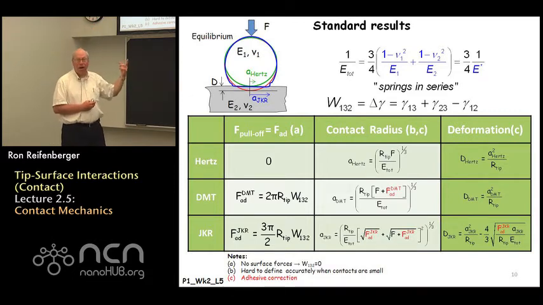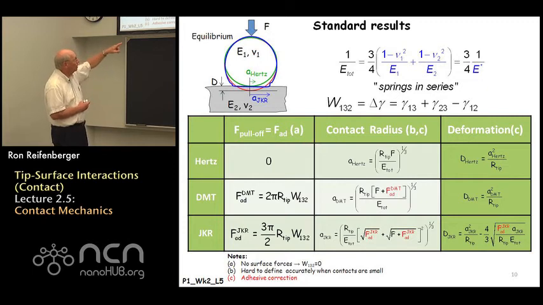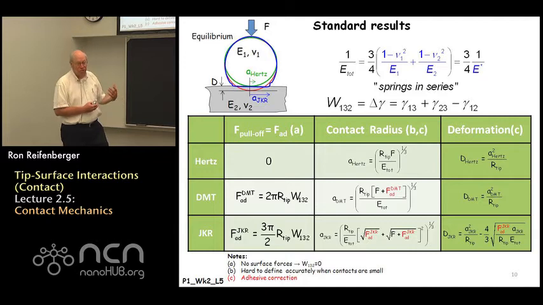In the JKR model, the same thing applies. The relationship, though, is just a little bit more complicated. It involves square roots of forces, as I've indicated. And then lastly, the deformations that result are listed in the third column in this table, right?